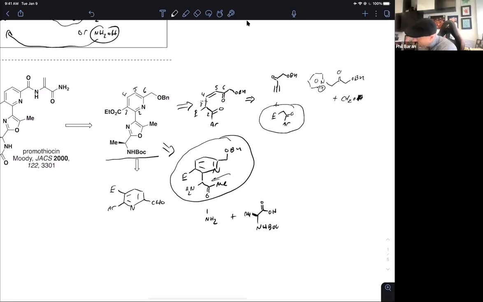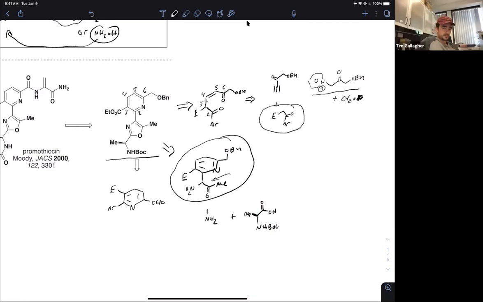So you're saying formaldehyde plus this pyridinium salt and your beta keto ester. Is that right? Yes. I mean, if you drew that on a test, I don't see why that would be a problem at all. Sure.